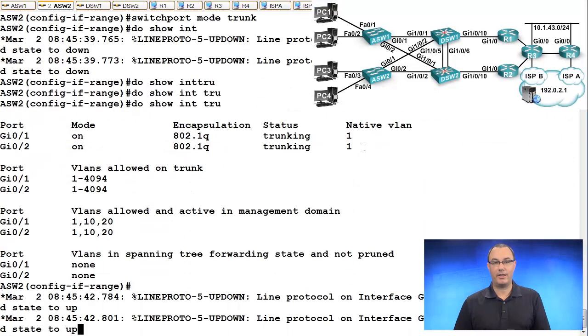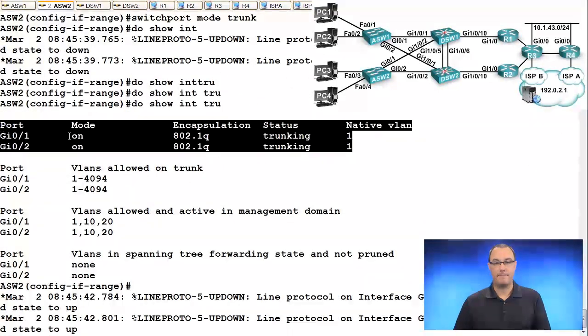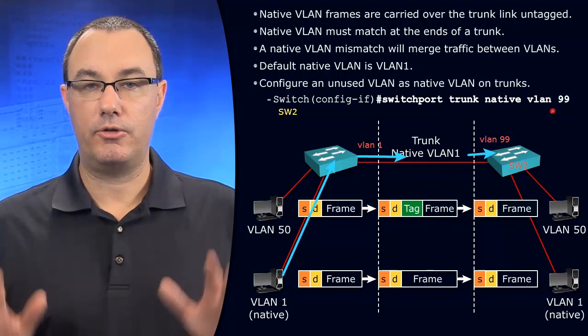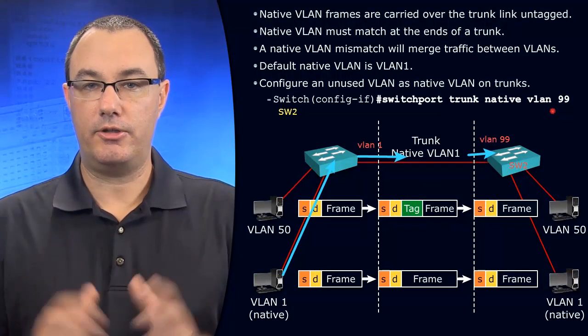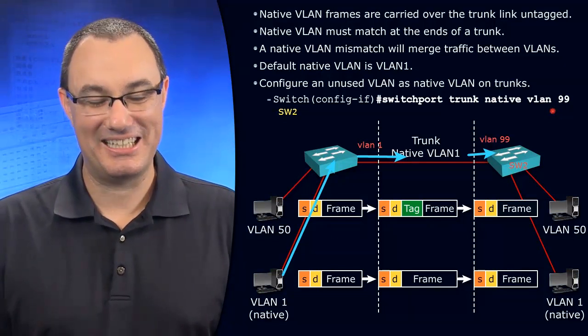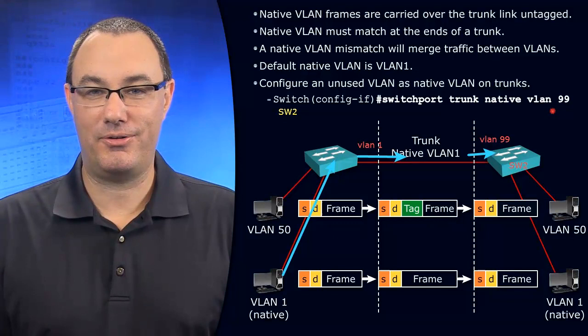And we can see it right here. That native VLAN is going to default to 1. You can modify it with the command we gave you: switchport trunk native vlan 99. Do that on both sides, and you'll be right as rain. Everything will be good in your config, at least with regards to the native VLAN.